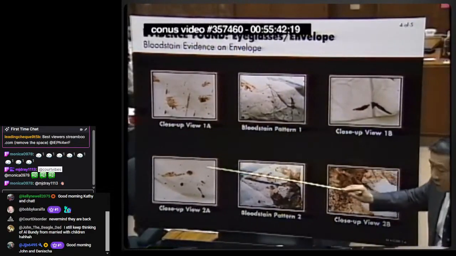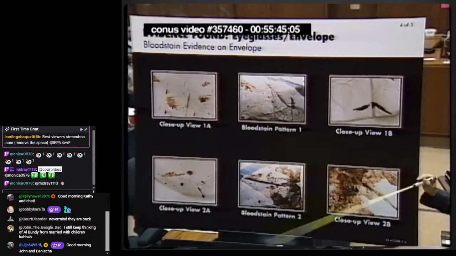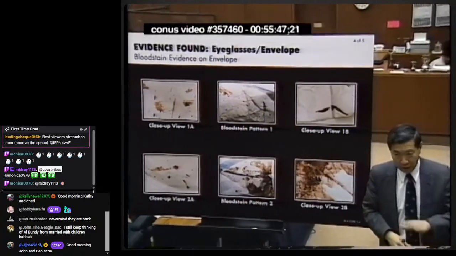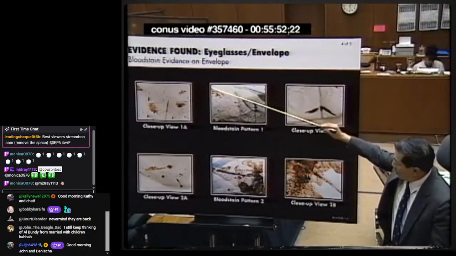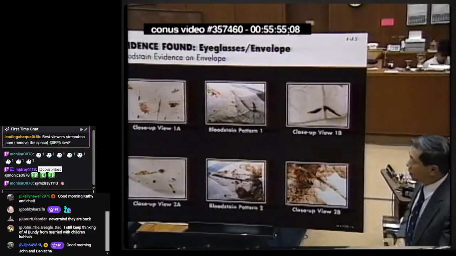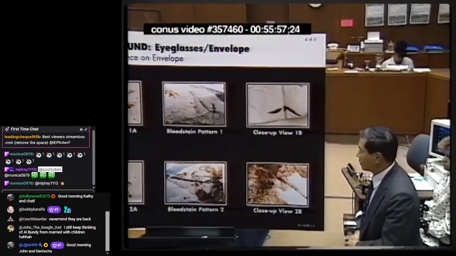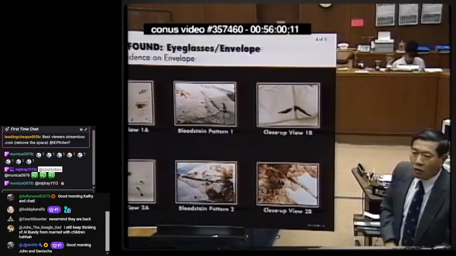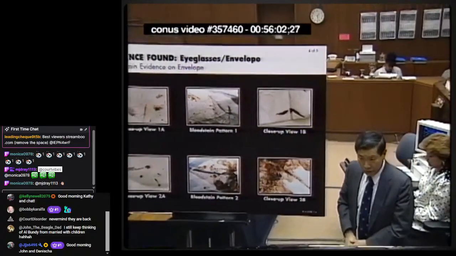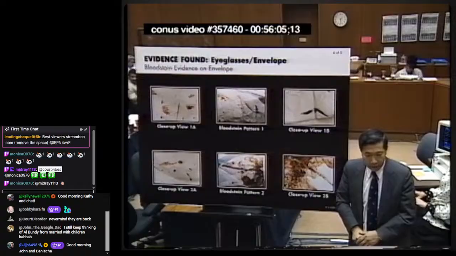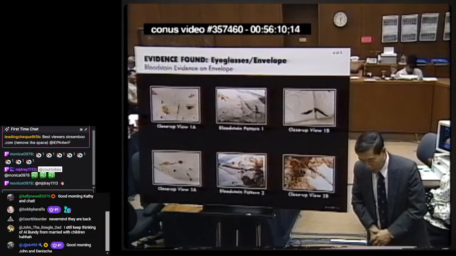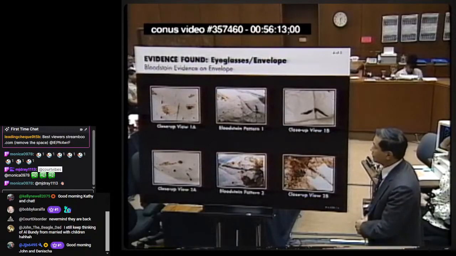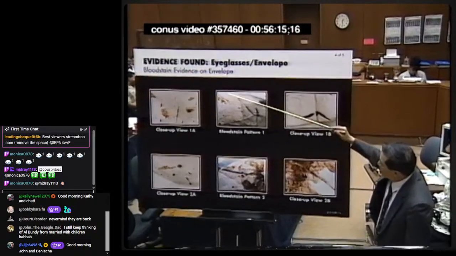They depict various views of the back side of this envelope. No foundation as to when the photos were taken. Go forward. Dr. Lee, when were these photographs taken? They were taken on February 18 to 19, 1995, at Albany Medical Center.